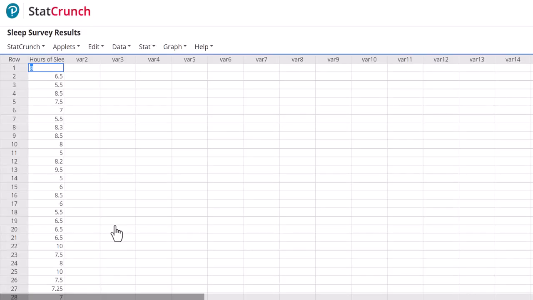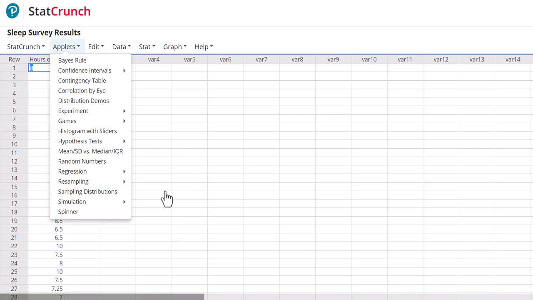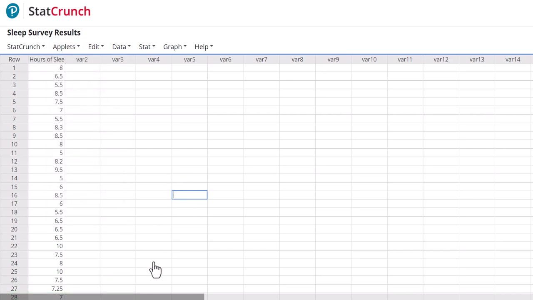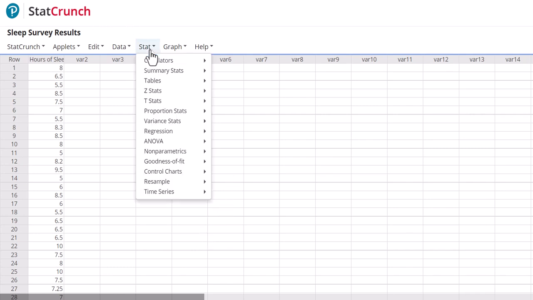So here is our data. I did combine your data with my two stat classes, just so that we made the sample a little bit bigger. These are the hours slept last night. So how do I find the mean and standard deviation and the size of the sample? With StatCrunch, we go to Stat, Summary Stats, Columns.